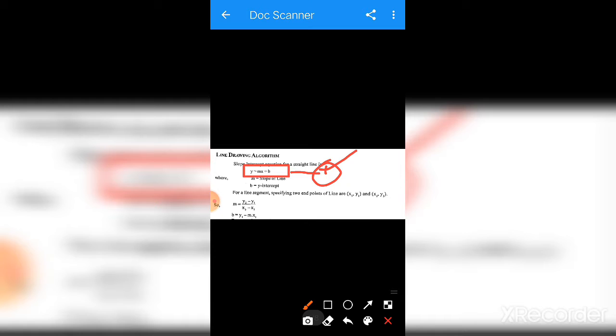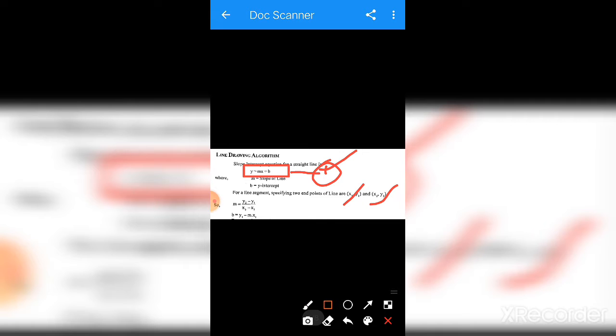The second equation is for a line segment specifying two endpoints. We know that to draw a line we require two endpoints. Suppose the first endpoint is x1, y1 and the second is x2, y2. These two endpoints we need to draw a line. So here we first find out the slope of the line.